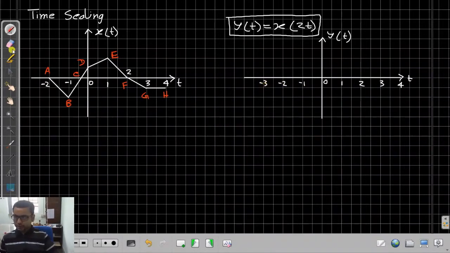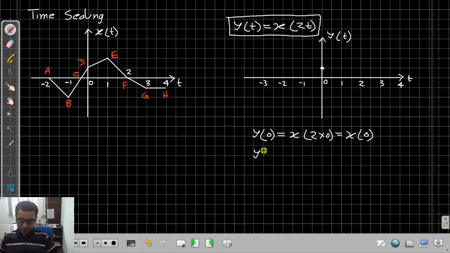Now we will ask what should be the value of y of 0. Now y of 0 is equal to x of 2 times 0, which is same as x of 0, and the value of x of 0 is here, it is 1. So we put 1 here.